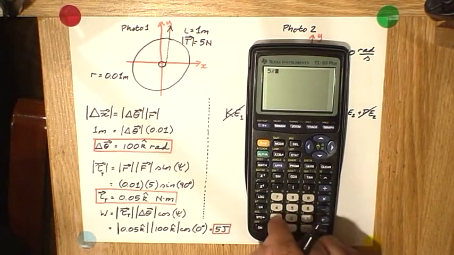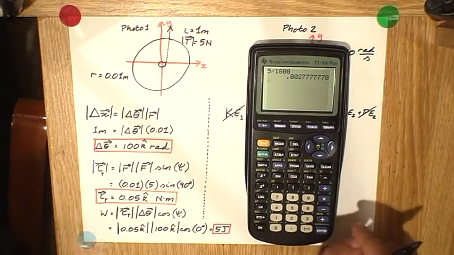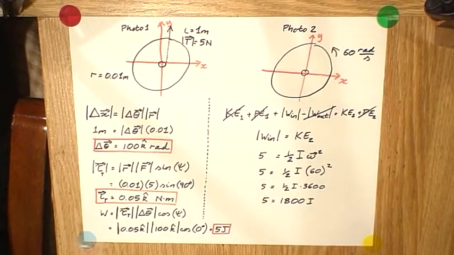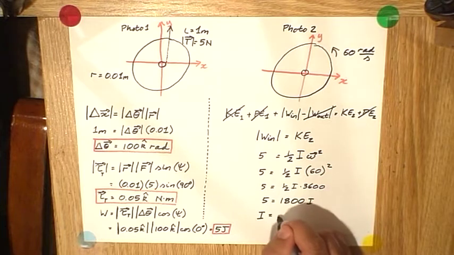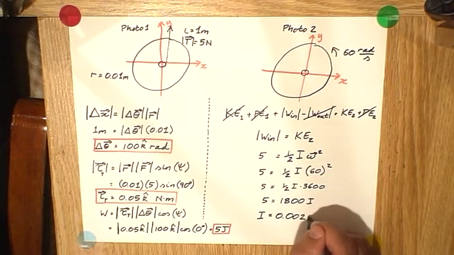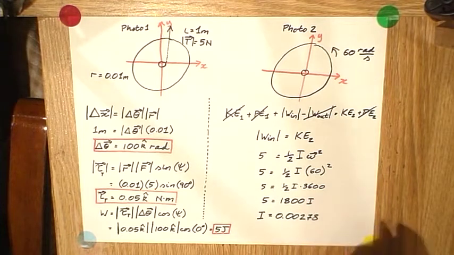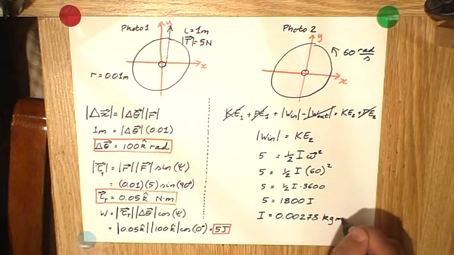So 5 divided by 1800 gives us 0.00277 repeating. So let's write that like this. The moment of inertia equals 0.00278, let's call it. And moment of inertia is always measured in kilograms meters squared.